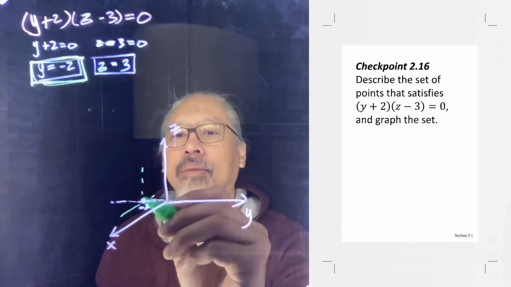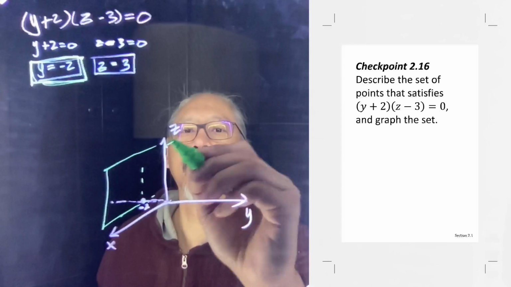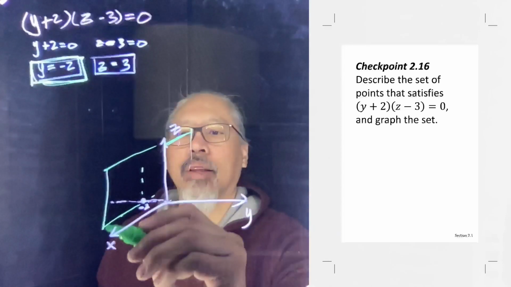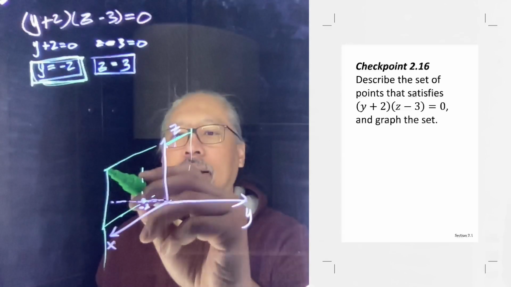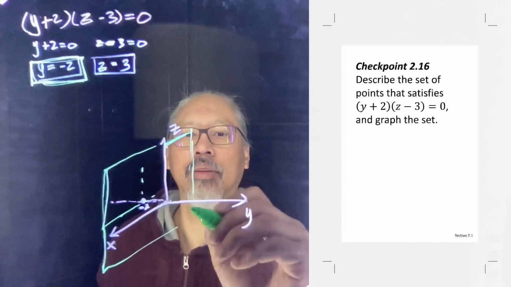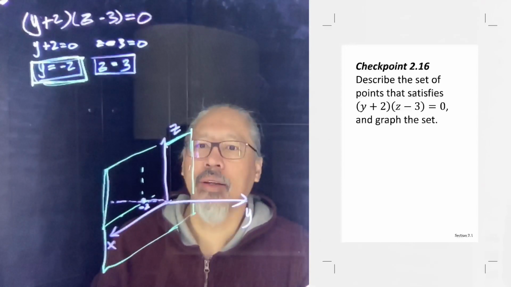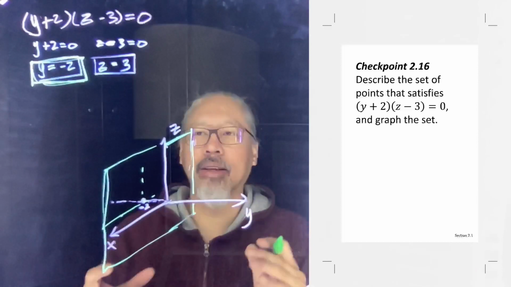So I think this will eventually become a plane that has the y value of negative 2, and x and z can be anything.